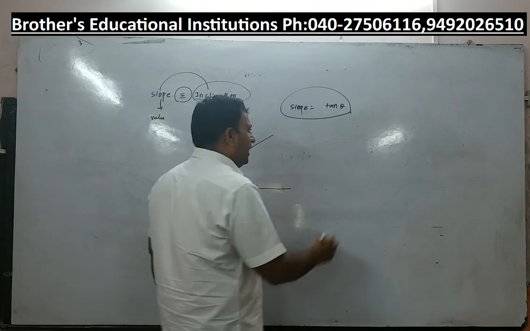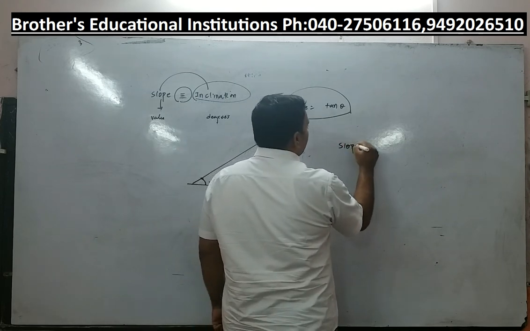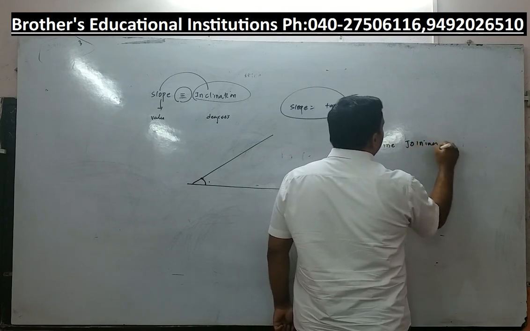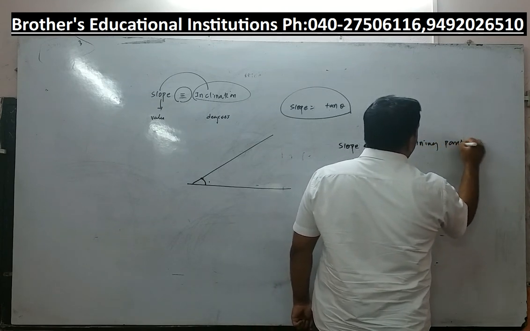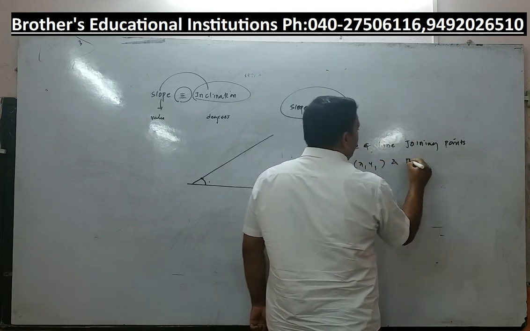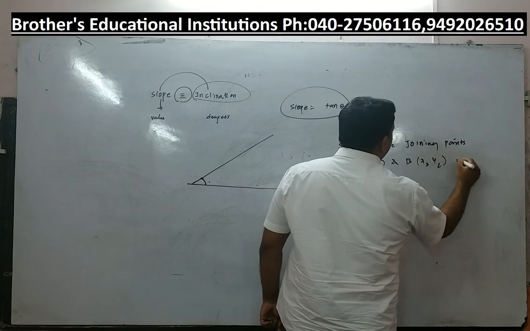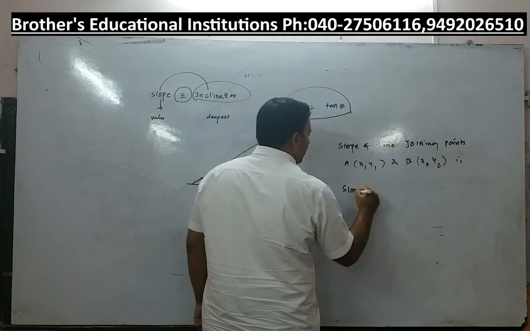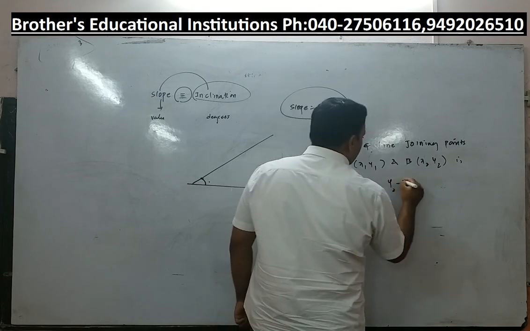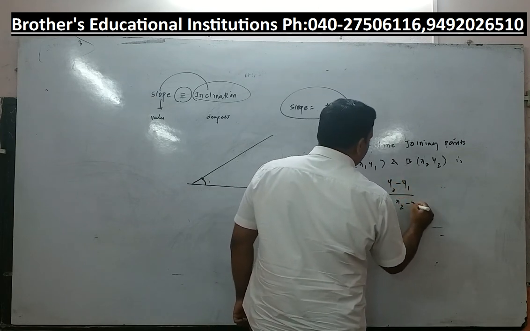And that formula is slope of line joining points. Slope of line joining points A (x1, y1) and B (x2, y2) is slope AB equal to (y2 minus y1) by (x2 minus x1).